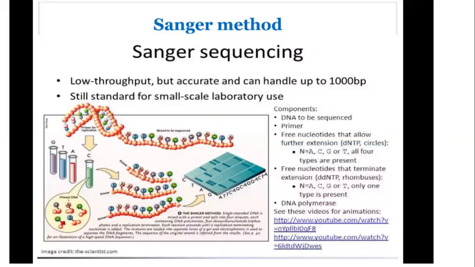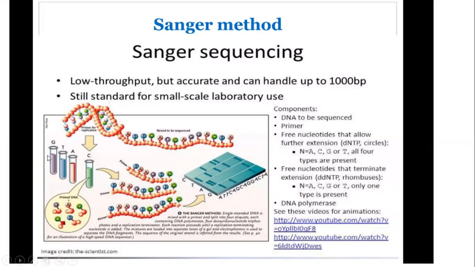The second method is the Sanger method, and in the Sanger method, as you know, there are four nitrogenous bases. We need to take four test tubes, and we will label these test tubes guanine, thymine, adenine, and cytosine. In each test tube, we need to add all the important ingredients, meaning we need to add primer, enzymes, and one particular important thing, which is ddNTP.